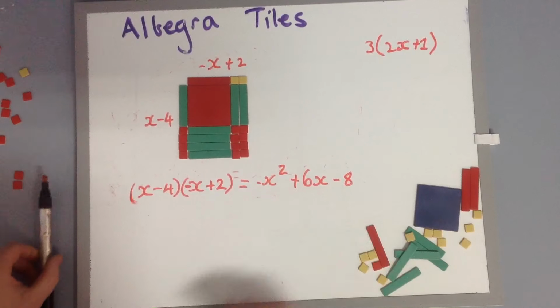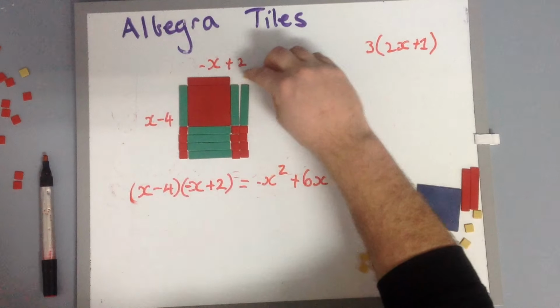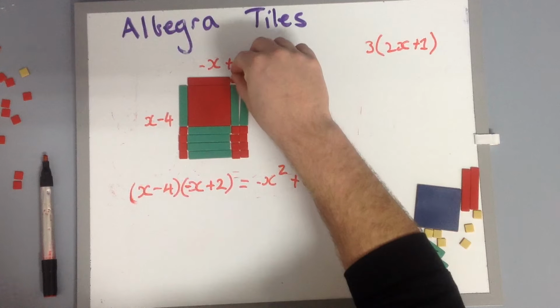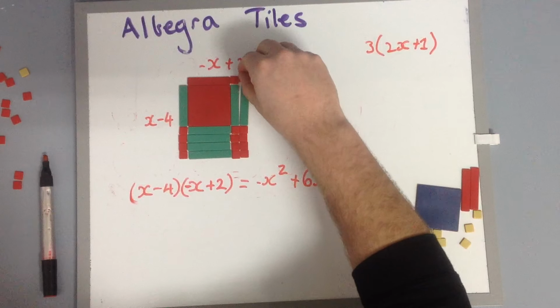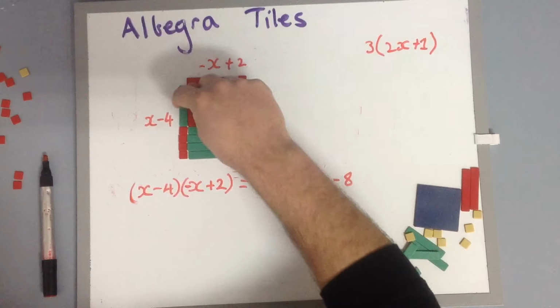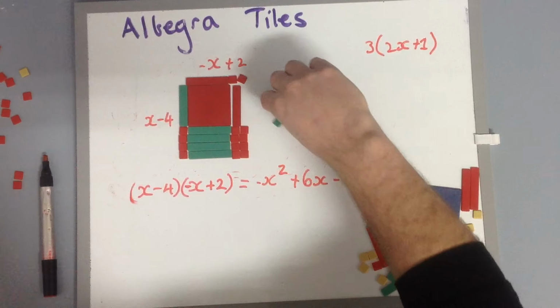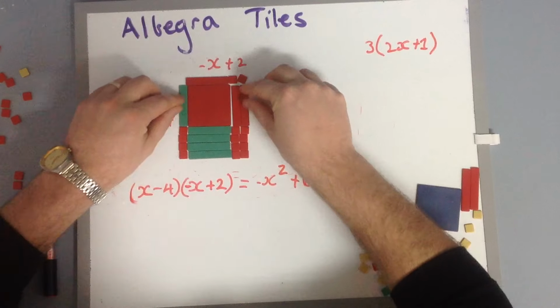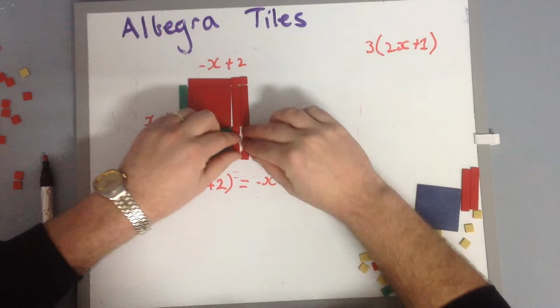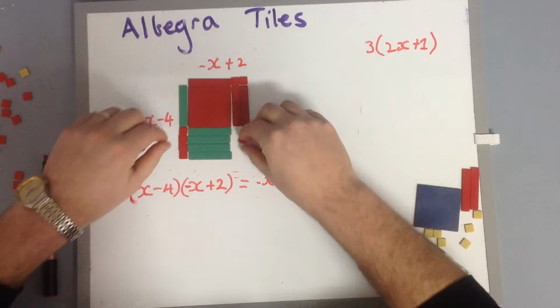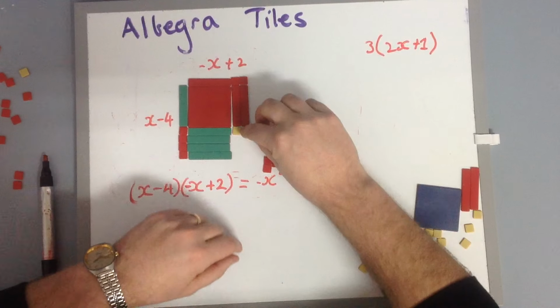Now I'm just going to change one little thing and let's see what happens. If I change this to negative 2, we've now got a negative times a positive, which gives us a negative. We've also got negatives times negatives, so all of these are going to have to change over to be positives.